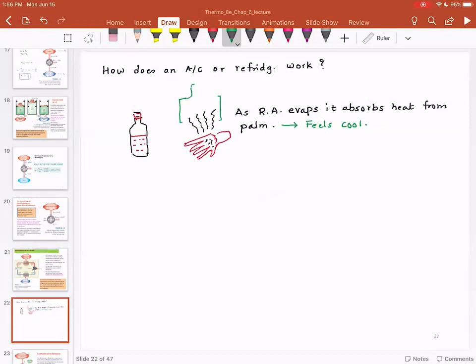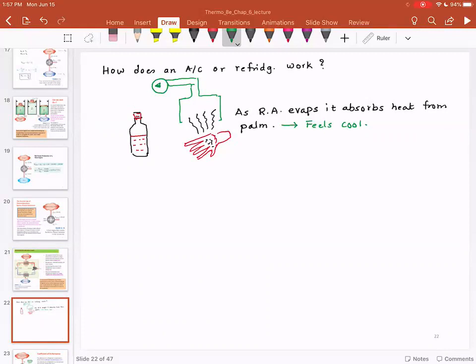Somehow, I want you to visualize something like this. What I would do is, I would recapture this vapor and use a compressor. Okay, this is a compressor, not a pump. I will use a compressor to compress this vapor. Now, as I start compressing this vapor, the pressure is going to increase.